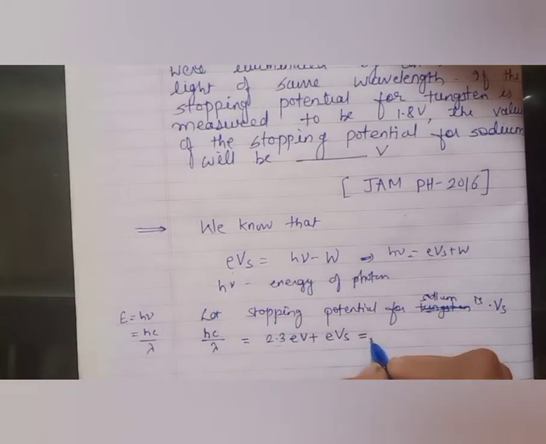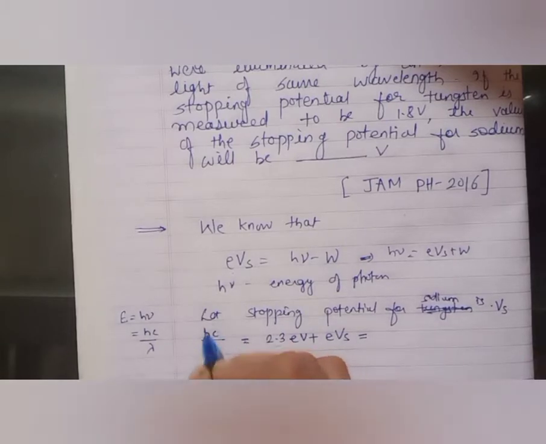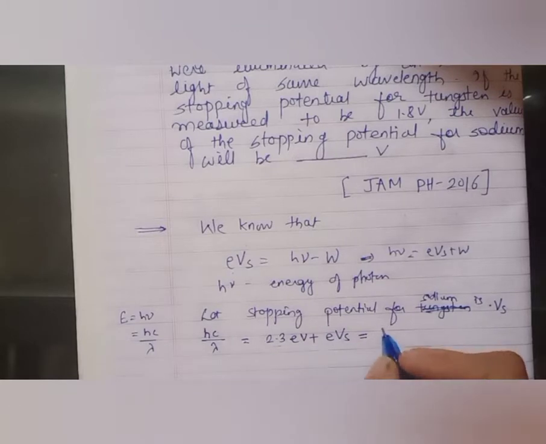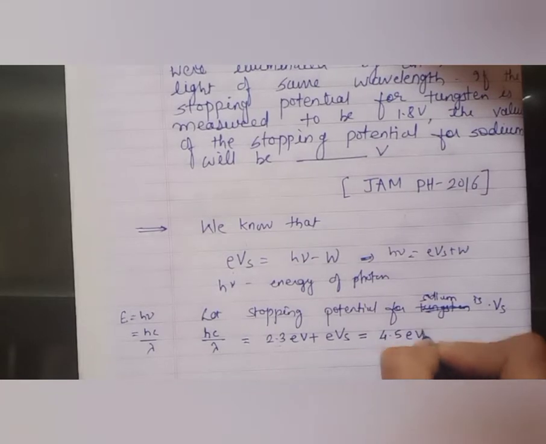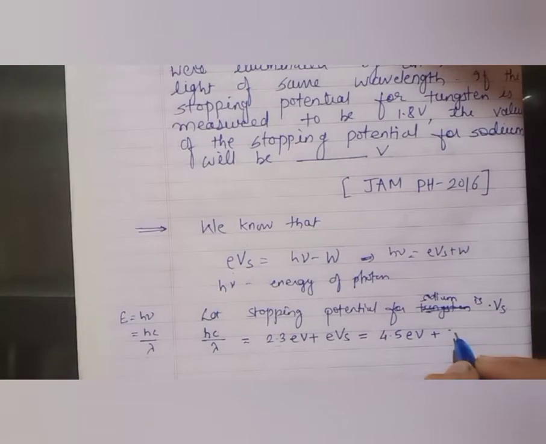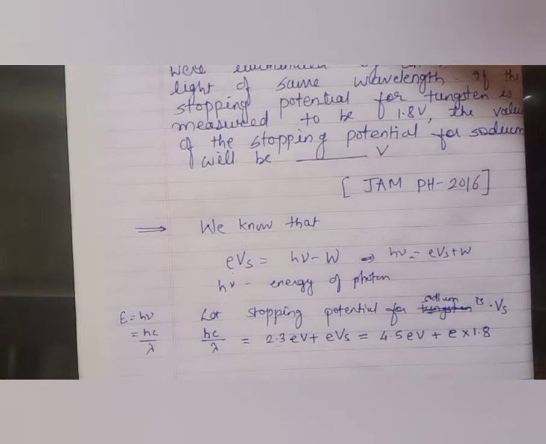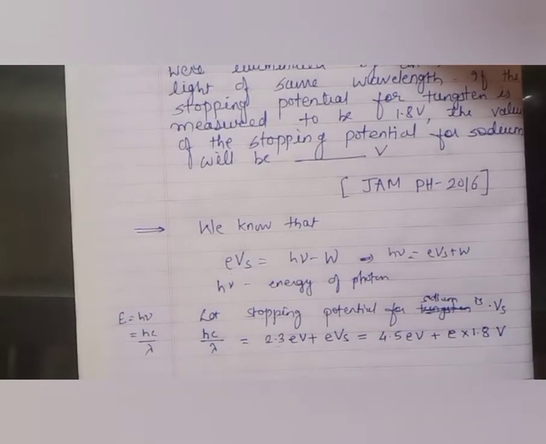Because both the metals were illuminated by ultraviolet light of the same wavelength, the photon energy will be the same. This is nothing but equal to the work function of tungsten, given to be 4.5 electron volt, plus e multiplied by the stopping potential for tungsten, which is 1.8 volts.